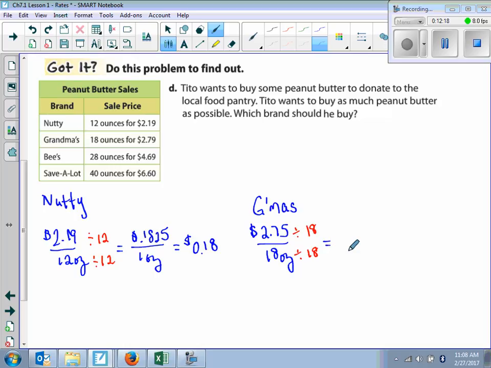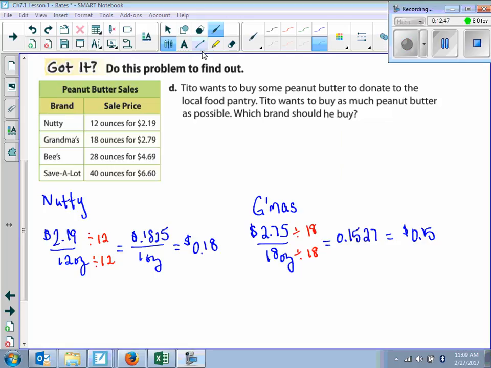So for GMAs, for grandmas, $2.75 divided by 18 gives us 0.1527, right? And it keeps on, it's repeating, right? But if I'm going to round it to the nearest hundredth, because this is money, right? How much money is that? 15 cents.